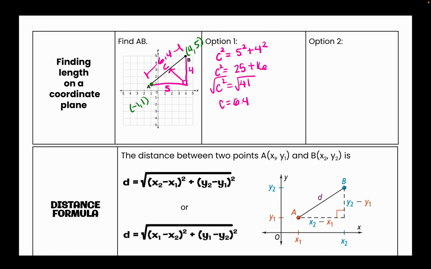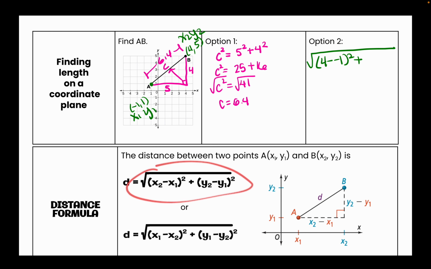So what we do is we take our points. So here's our big square root. Make sure everything's under our square root symbol. And we have our x1, y1, x2, y2. So x2 is 4 minus -1 squared. That's just following this formula right here. And then we have 5 minus 1 squared.